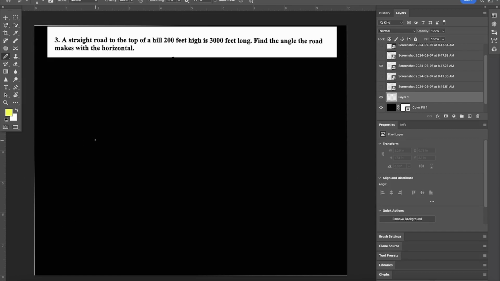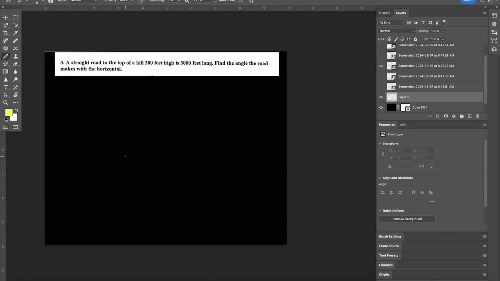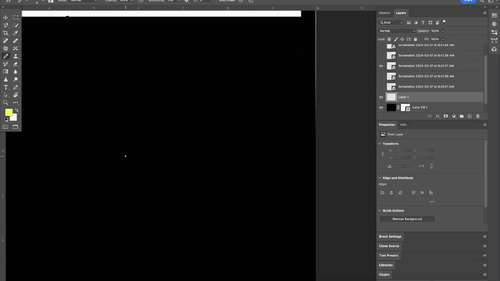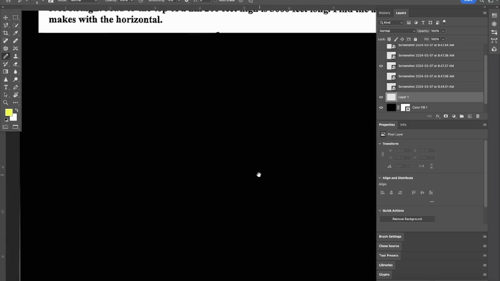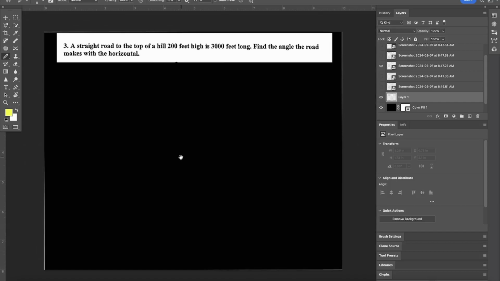So in context as an engineer or for somebody who makes roads, let's say we have an incline of about 200 feet.